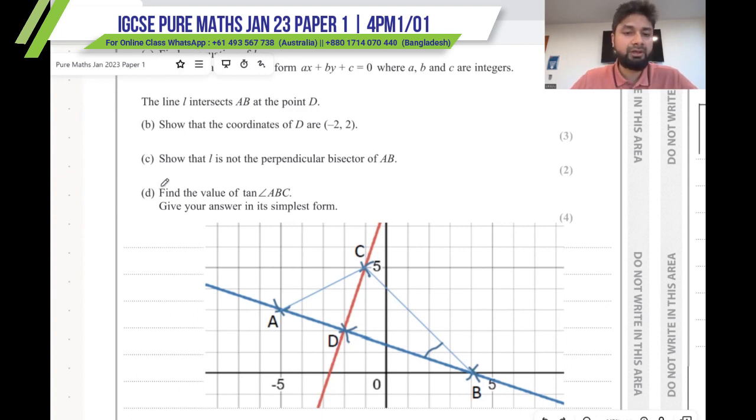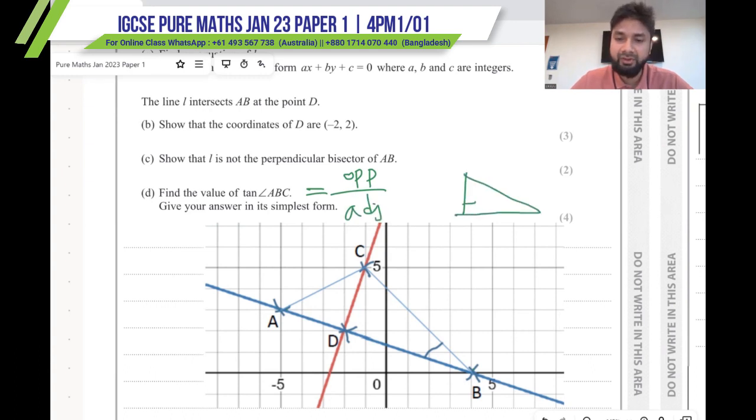All right, let's move to the last question, D, where it says find the value of tan ABC. Give your answer in its simplest form. So tan ABC means A, B, and C. They're talking about this angle. Now we know that the ratio for tan is opposite over adjacent.